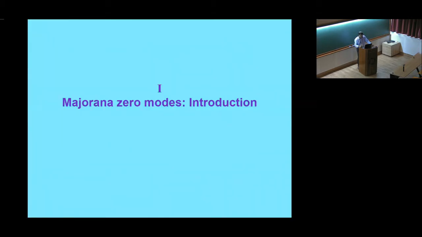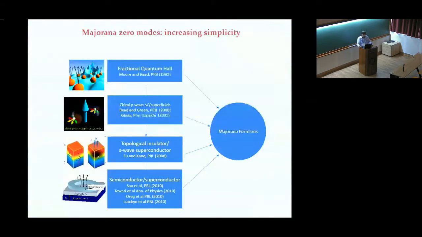All right, so it's a very brief introduction. Majorana zero modes, in the order of increasing simplicity, I have listed from top to bottom. In 1991, Moore and Read, in their famous paper, first talked about Majorana fermions in the context of condensed matter in the 5/2 fractional quantum Hall state.